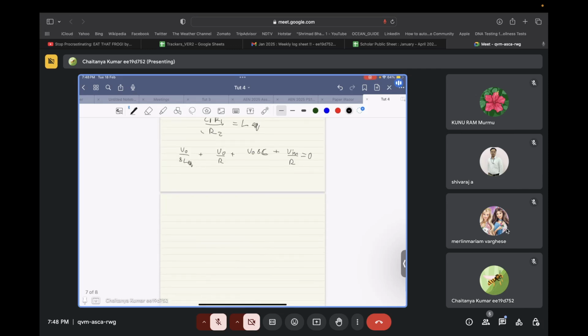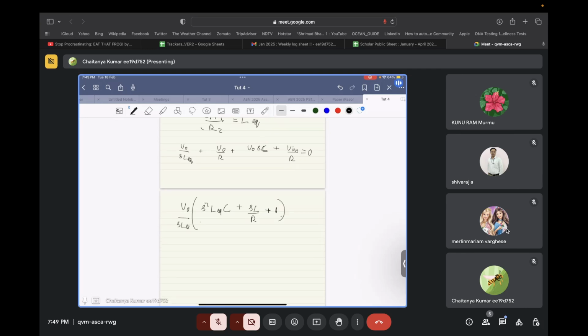So what I get from here is V0 times (S square L equivalent times C plus SL equivalent by R plus 1), divided by S times L equivalent, plus Vin by R is equal to 0.